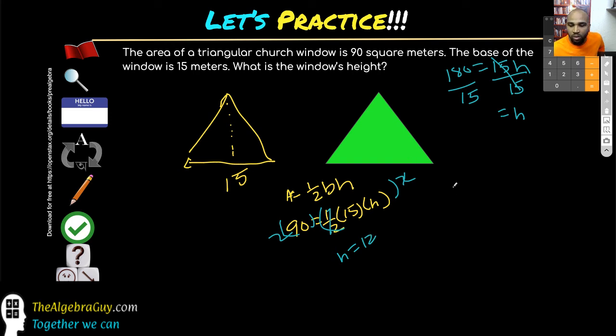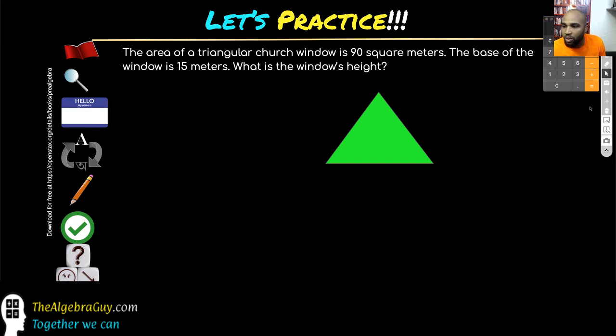Does this give us the right answer? 90 should equal 1/2 the base, which they said was 15, times the height, which was 12. Does that give us 90? Let's see. 15 times 12 divided by 2, because that's the same thing as 1/2. So yep, we're looking good on that.